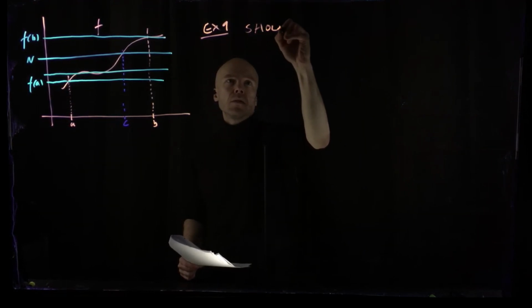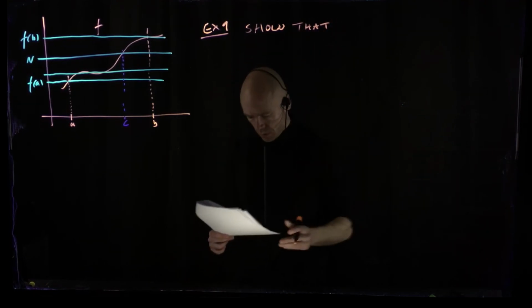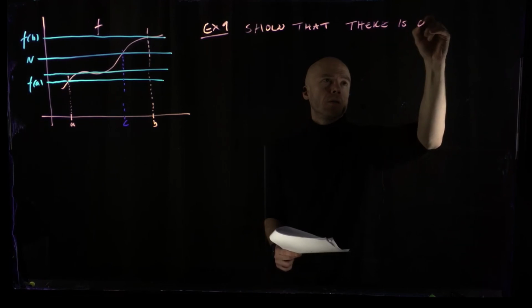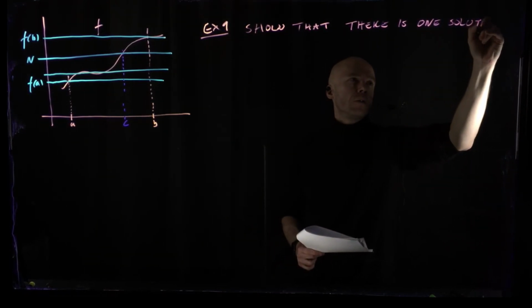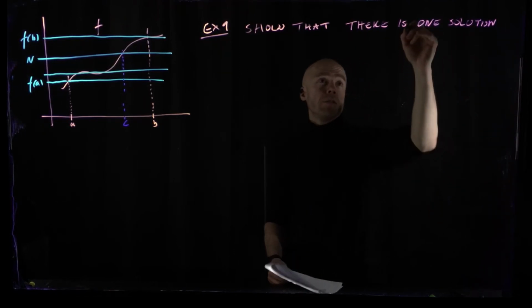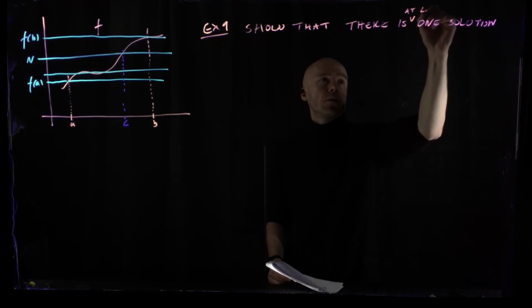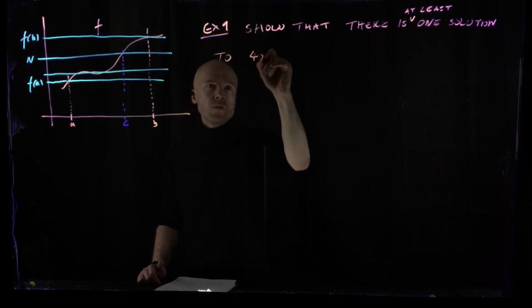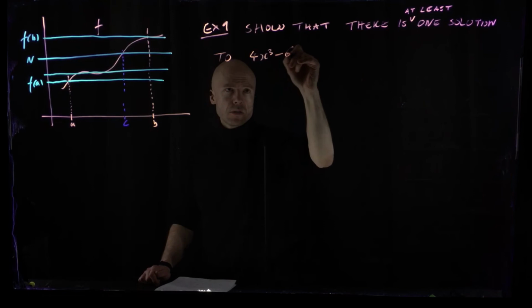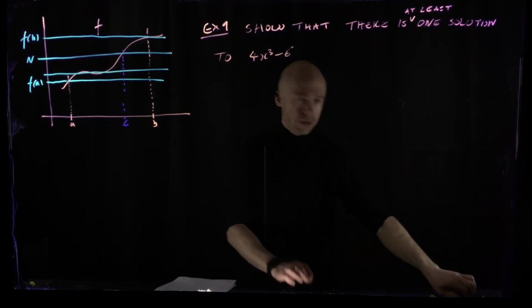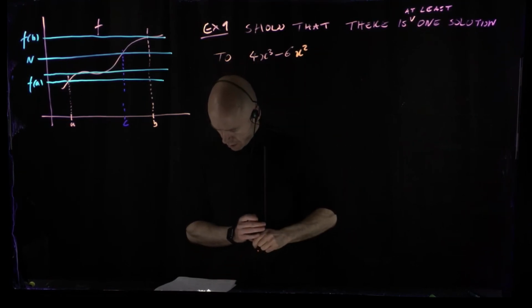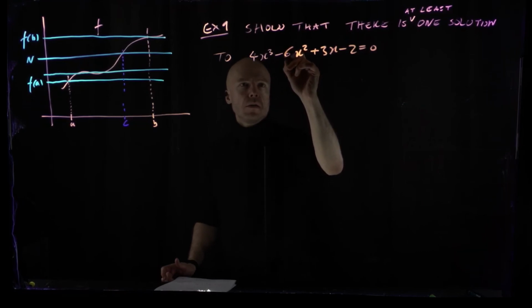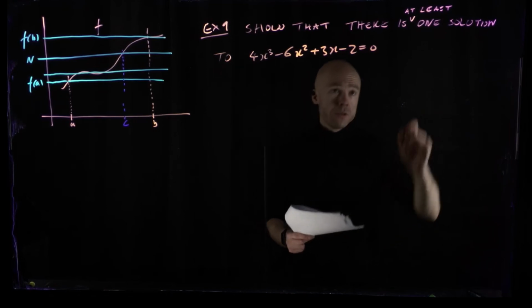Show that there is, I should probably say there is at least one solution to this: 4x^3 minus 6x^2 plus 3x minus 2 equals 0, in between 1 and 2.